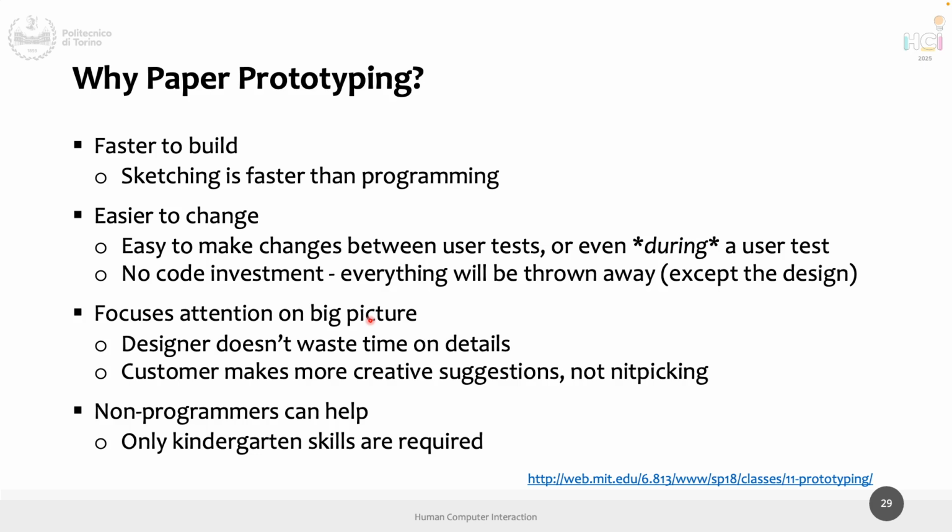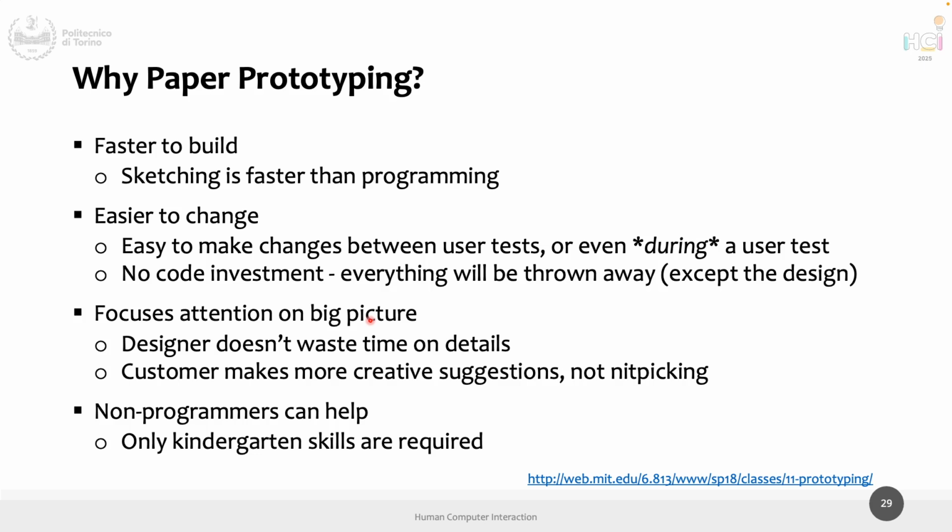So why do a low fidelity or paper prototype? One key reason is it's way faster to build. Drawing something like this is way faster than programming something like that in whatever programming language. It's even faster than telling ChatGPT or Claude or Cursor to implement that and refining it, because sketching is still faster.